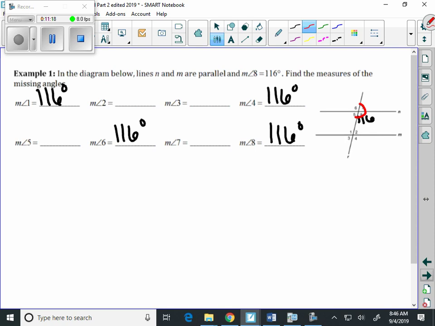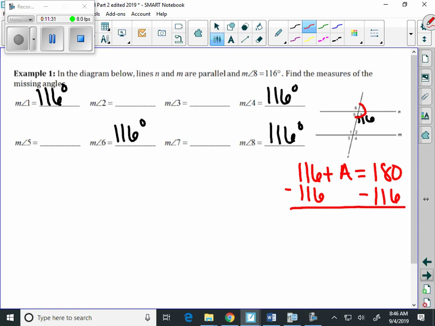You can say 116 plus our angle equals 180, if we need the extra math here. Subtract 116 from both sides. 10 minus 6 is 4, 7 minus 1 is 6. 64 degrees. And now, that's how much angle 7 is.